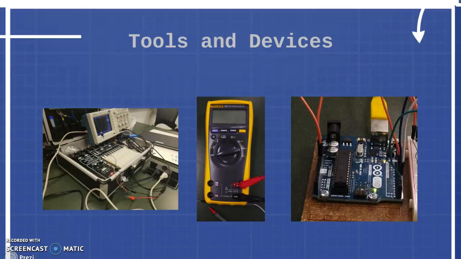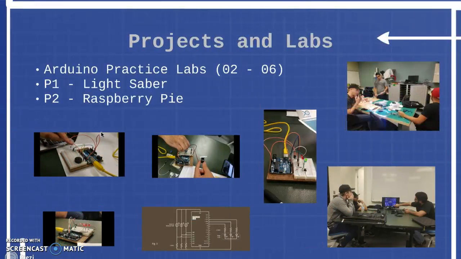We did a few labs with these tools. Off the bat, we used oscilloscopes multiple times within labs on Tinkercad for items such as a crossover network to construct filters, and for RCL circuits. We mainly used the Arduinos for the Arduino practice labs.